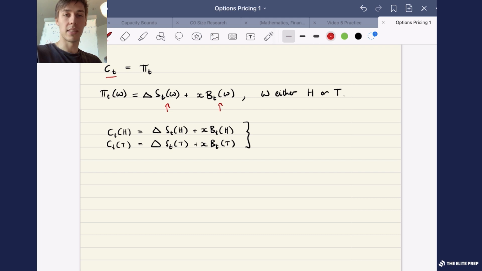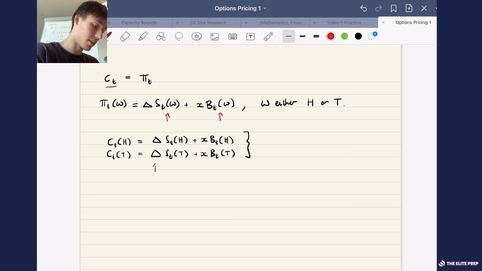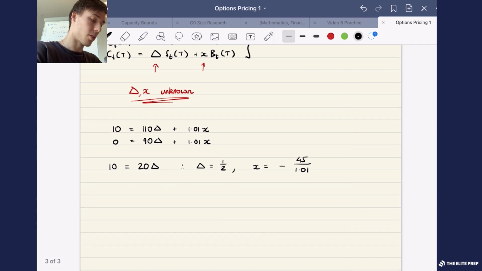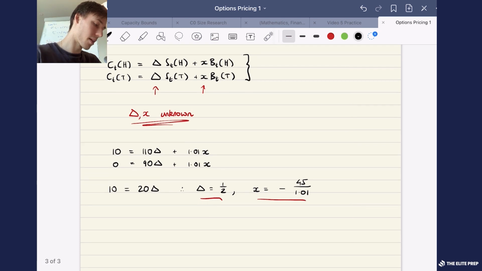And this is just a system of simultaneous equations. We have two simultaneous equations and we have two unknowns, delta and x. So we just want to solve for these equations. Solving for these equations gives us the following result. In this case, we have a delta of a half and x equals minus 45 divided by 1 plus r, so 1 plus the interest rate.